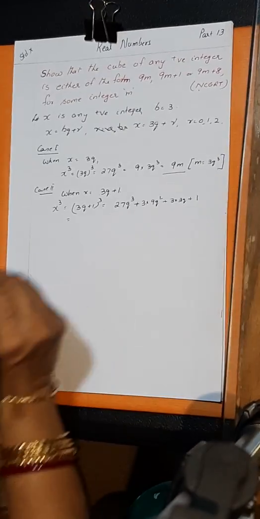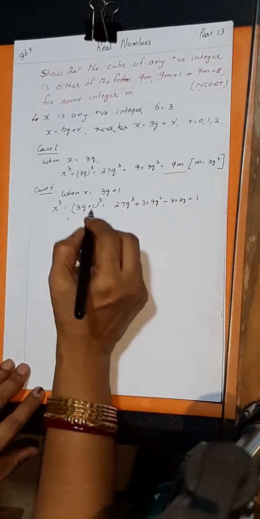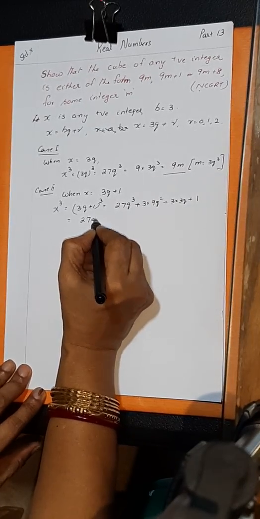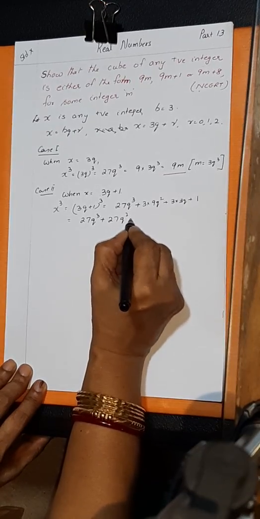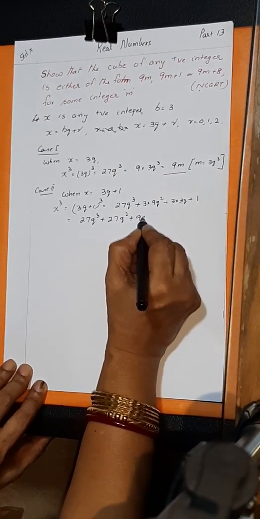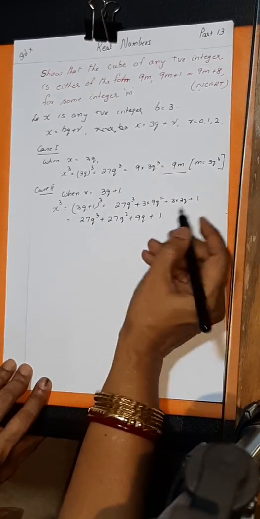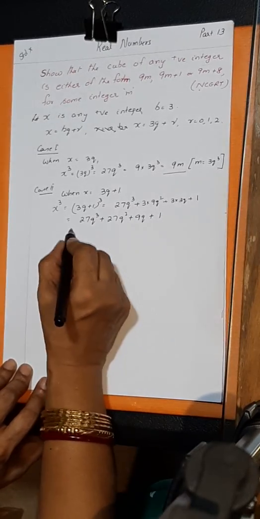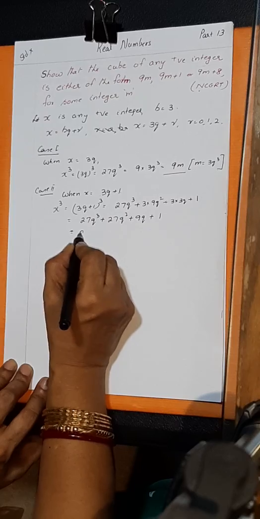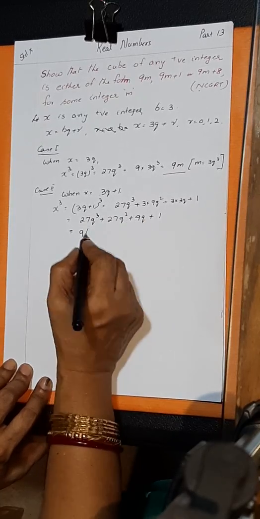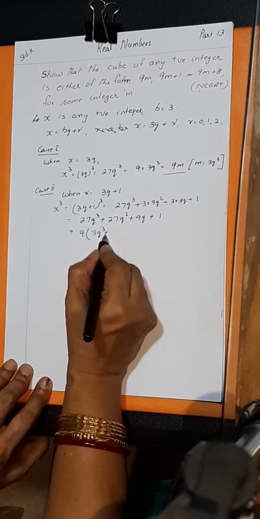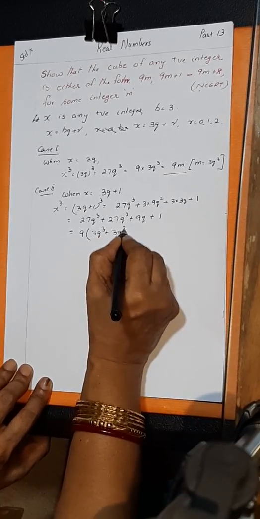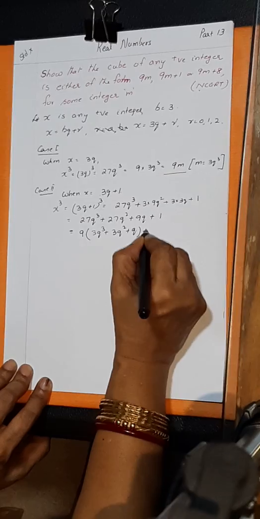So this will become 27q cube plus 27q squared plus 9q plus 1. This I can write as 9 into, I will take the common factor 9 from these three terms, 3q cube plus 3q squared plus q, plus 1.